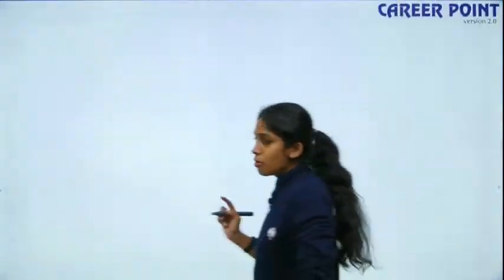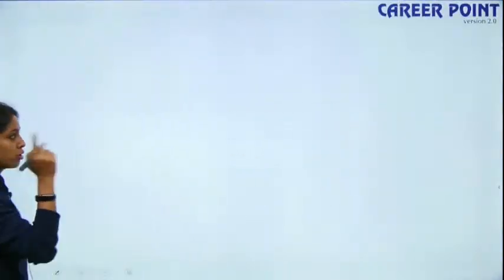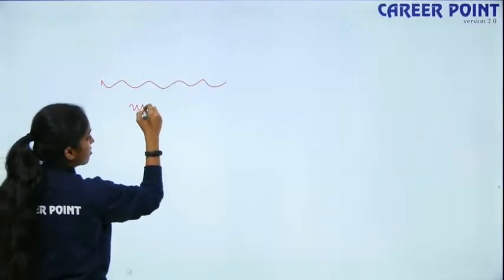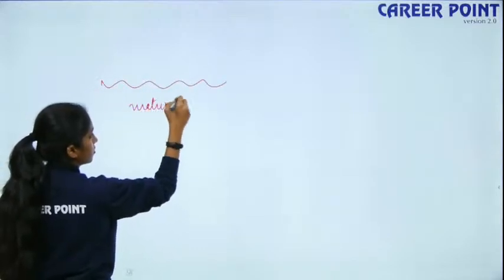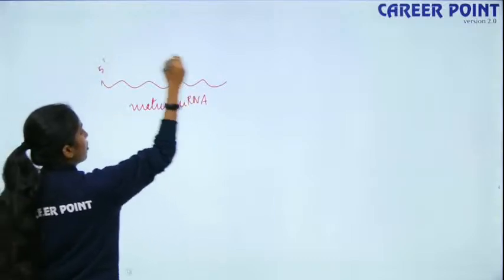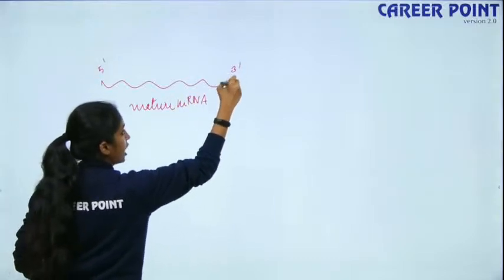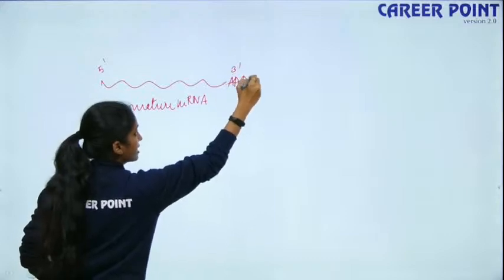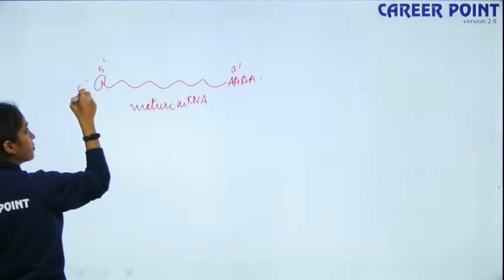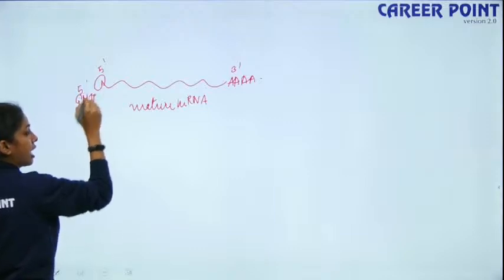Okay, so one more point that I have to mention in the process of transcription. So the mature mRNA that I have here. So this is 5', this is 3'. So now this has a poly-A tail and this has a 5' cap, right?